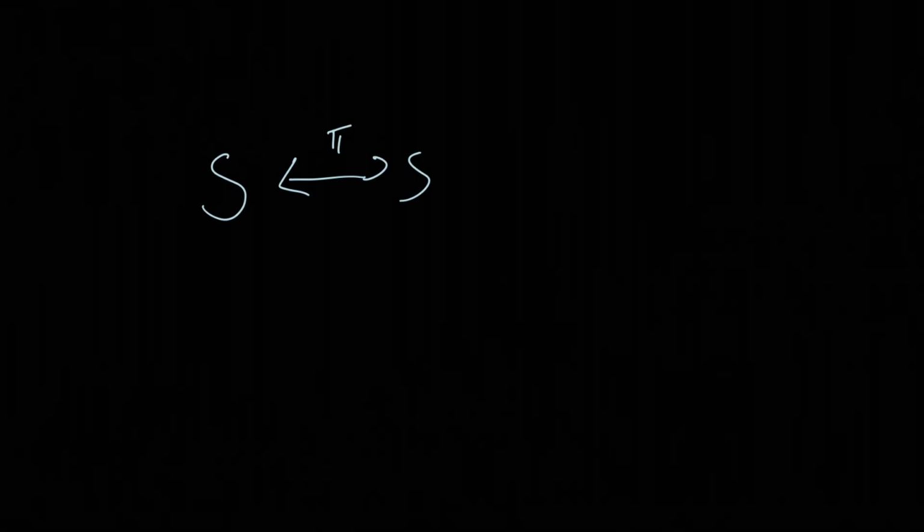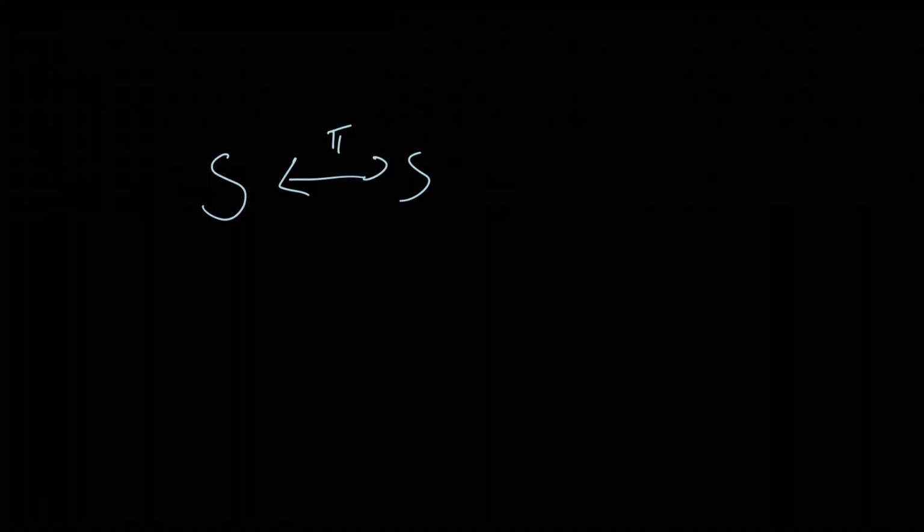So far, we've thought of permutations as arrangements in order, but there's another way to describe them, which is using functions. Formally, a permutation of a set S is a bijection from S to itself. That means it's a function pi, it's usually written like that, where every element of S is mapped to exactly one element of S, and also every element of S appears exactly once as an output.